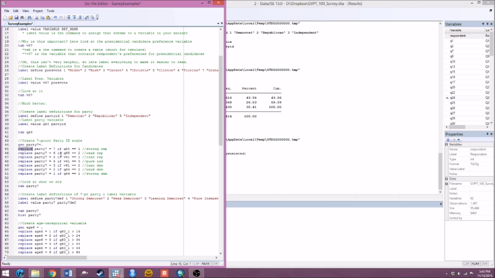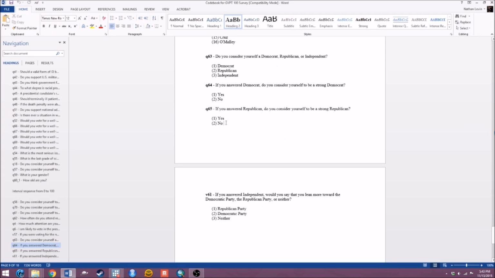So what I can do is type replace, the variable I just created, and set it equal to 7, since we have a 7-point scale. And I want only the variables for question 65, which is, if you answered Republican, do you consider yourself a strong Republican? Those who answered yes, we want to capture as strong Republicans.